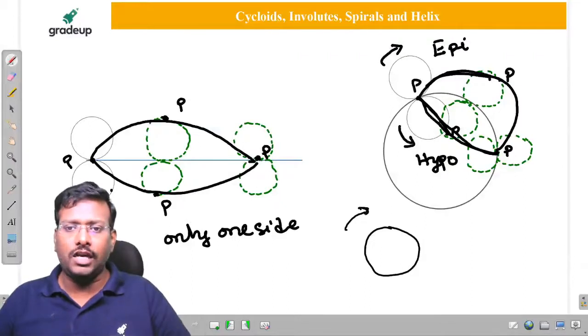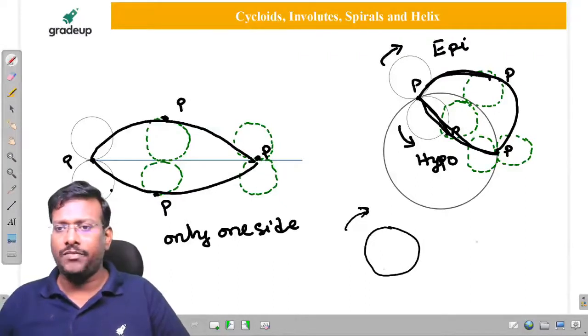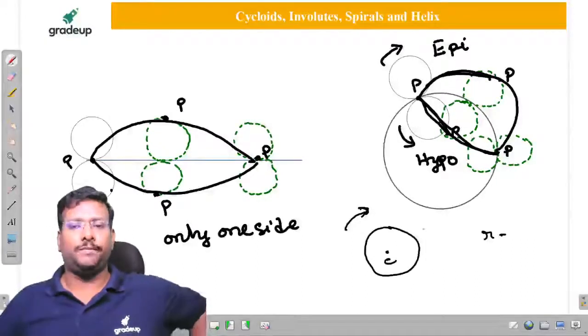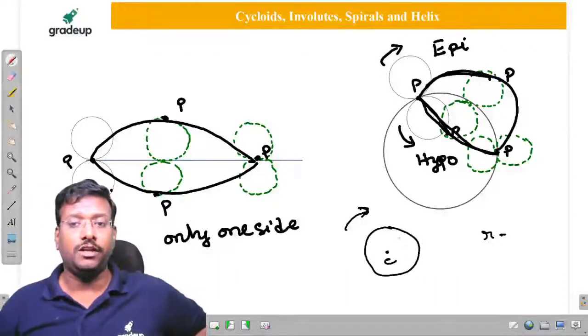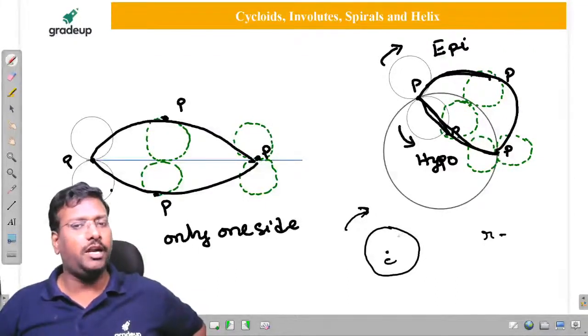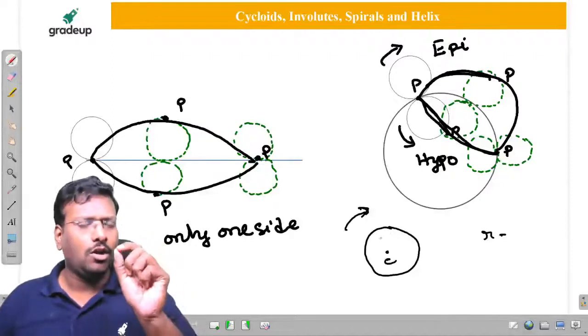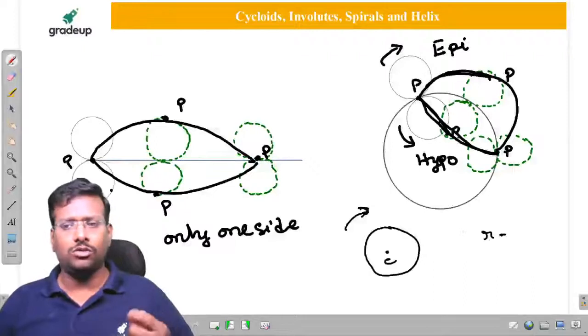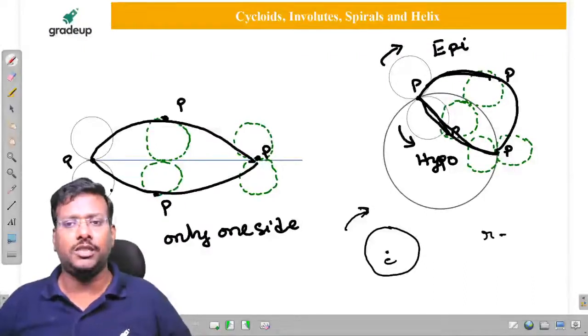Therefore its radius is smaller. Let us consider this is the center of the curvature. And we are going to consider point P. We are going to observe a point whose locus we are going to get. So that's why I am assuming that point as P.